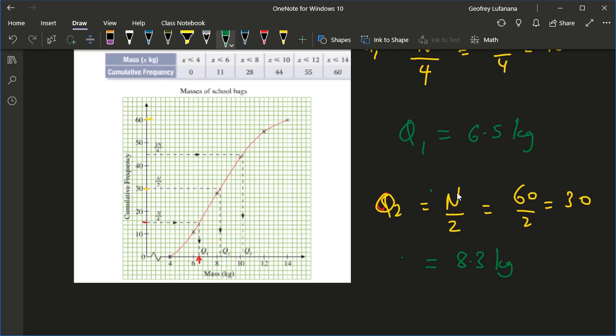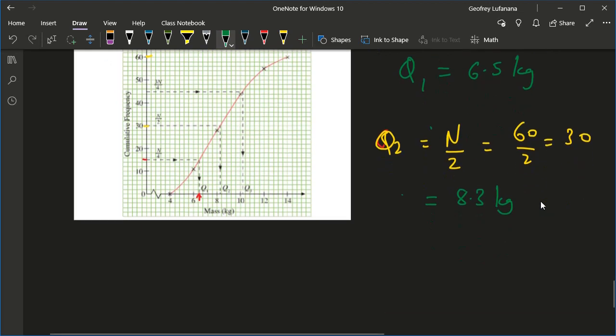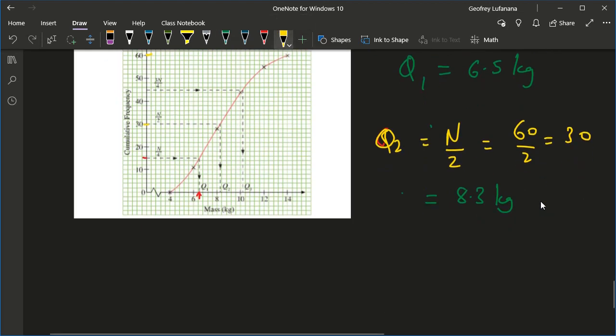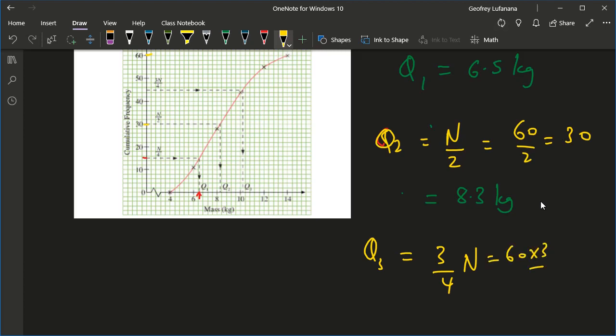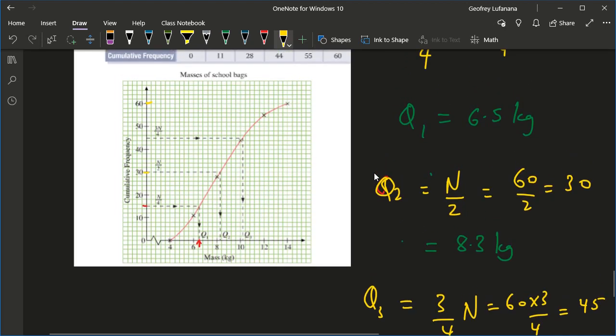Then Q3, which is the upper quartile, is 3/4 of the whole distribution. So that's going to be 60 times 3/4, which is 45. Once again, we go to our graph, locate 45 on the cumulative frequency axis, draw a horizontal line to the curve and down from the curve, and read that value off.